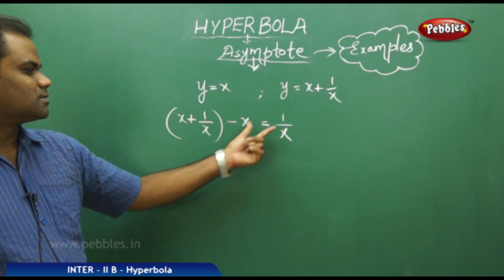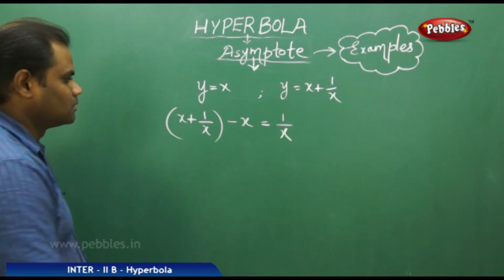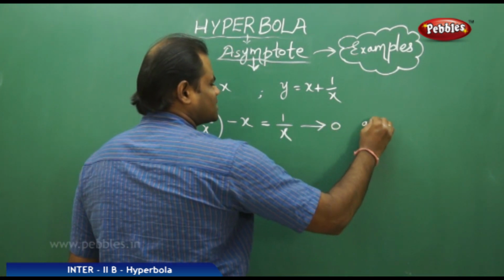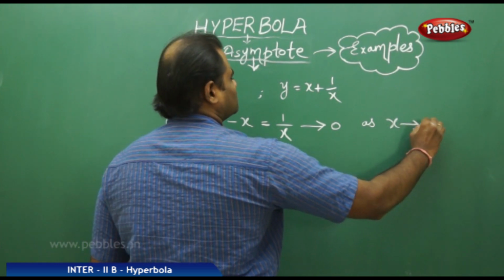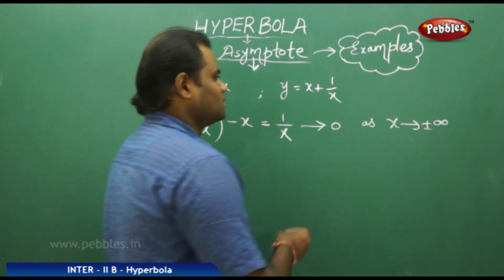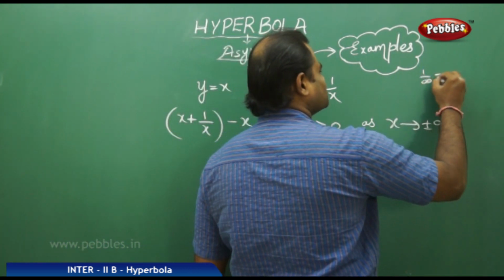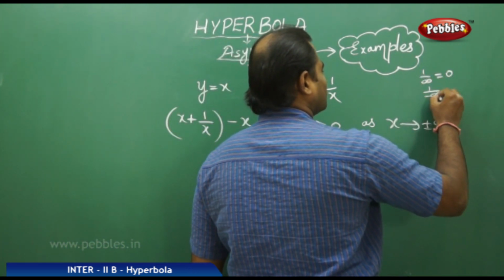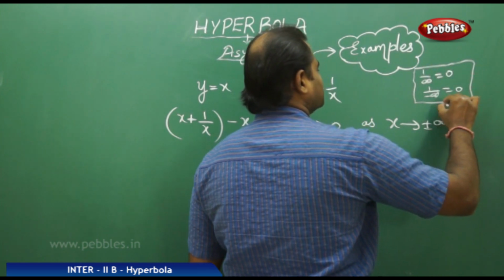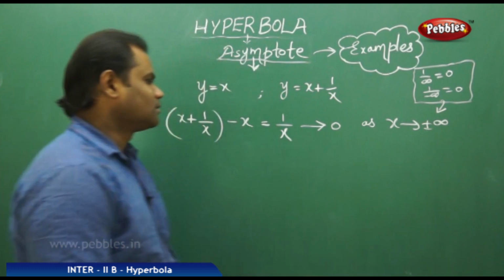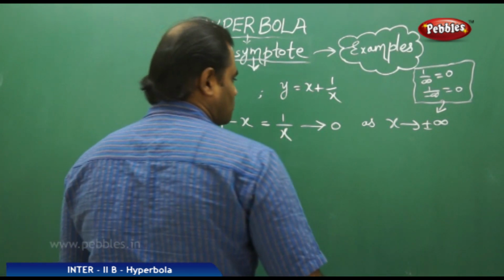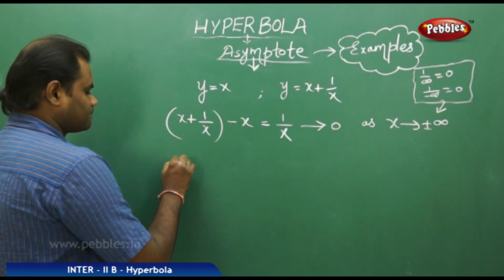So this minus this is 1 by x. This clearly tends to 0 as x tends to plus or minus infinity, because when x tends to infinity, 1 by infinity is 0 and 1 by minus infinity is also 0, which I have applied here. Therefore, 1 by x tends to 0 as x tends to plus or minus infinity.